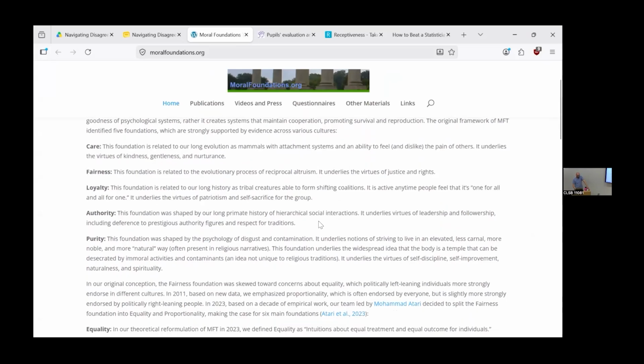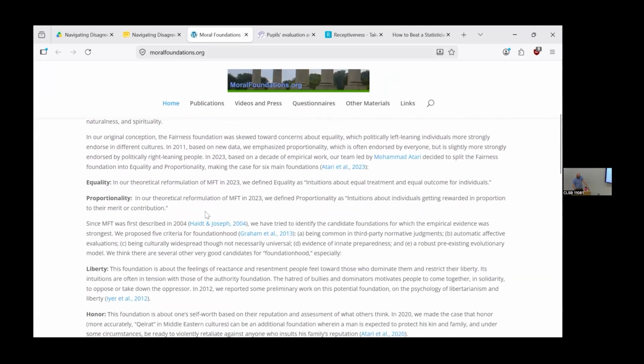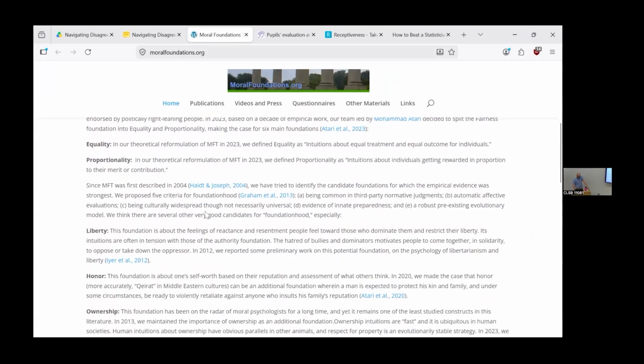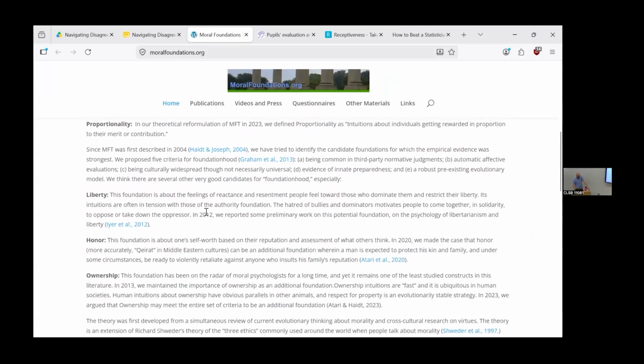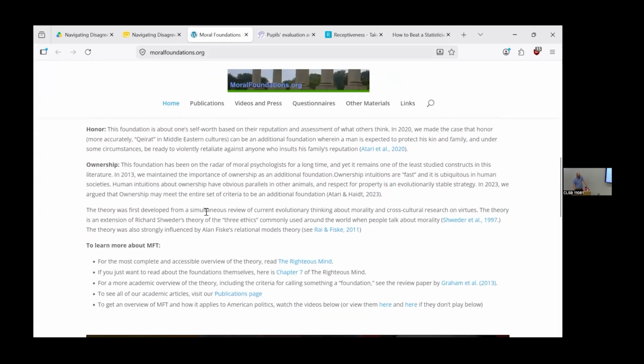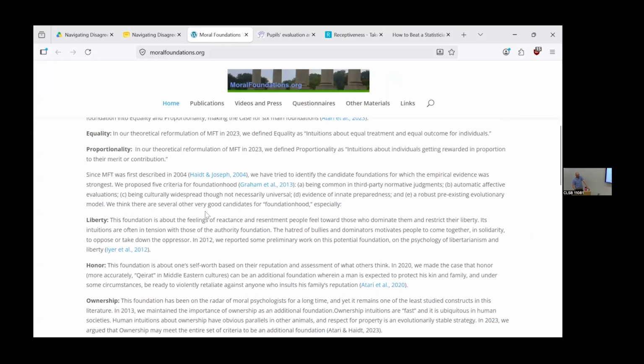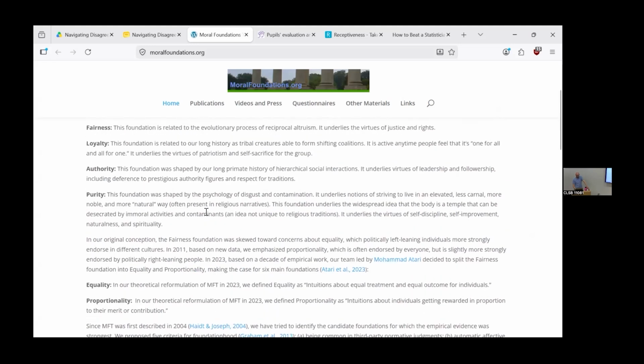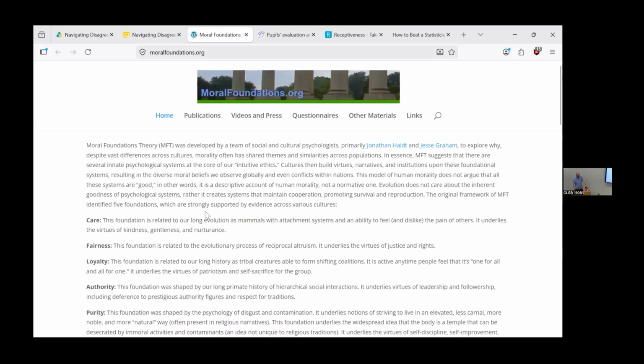But these are some moral foundations: care, fairness, loyalty, authority, purity. And they've broken it up. They've added some at the end, if you want to look at equality, proportionality, liberty, honor, ownership, et cetera. So if you're having trouble thinking of what the person you disagree with cares about, you can go to this website, moralfoundations.org, and get some ideas.